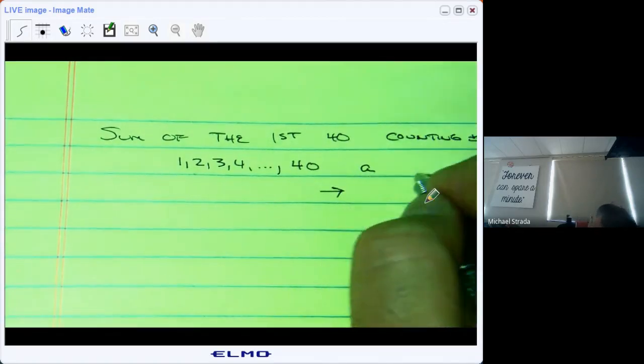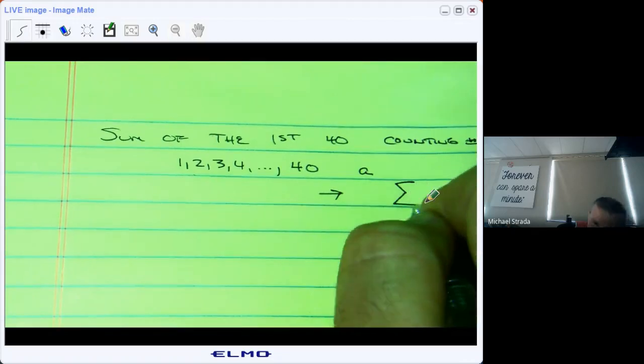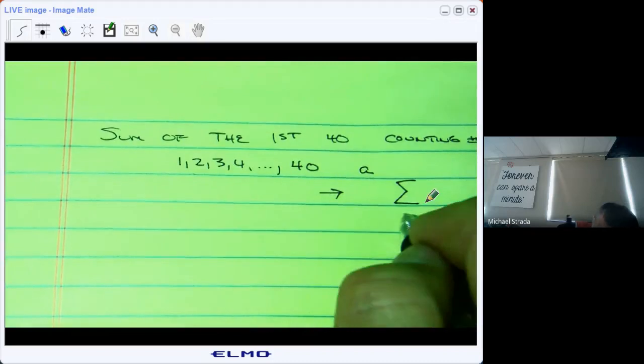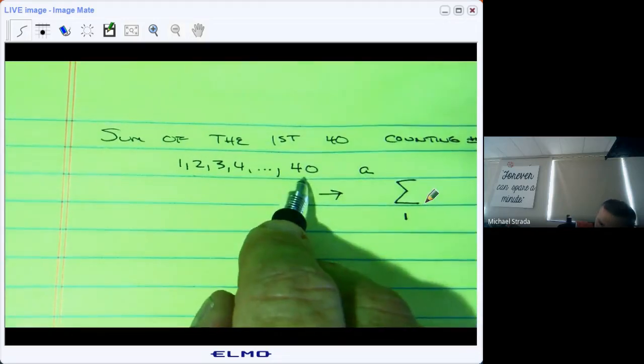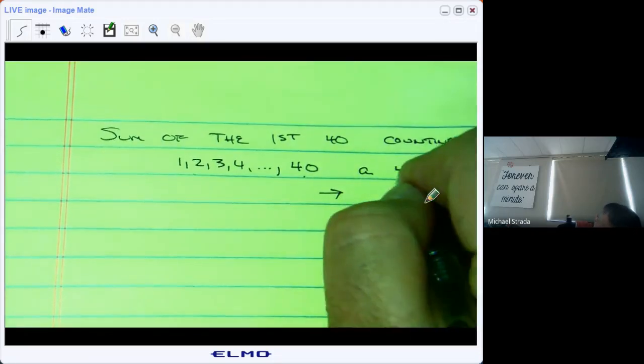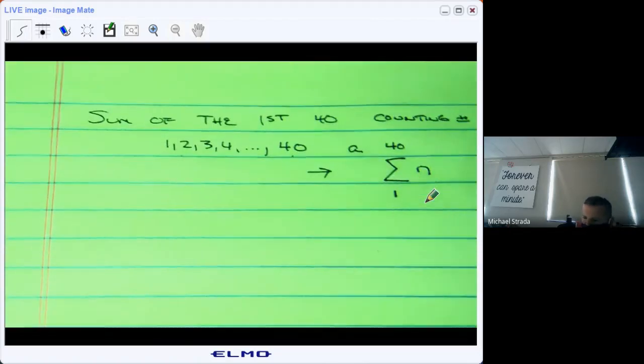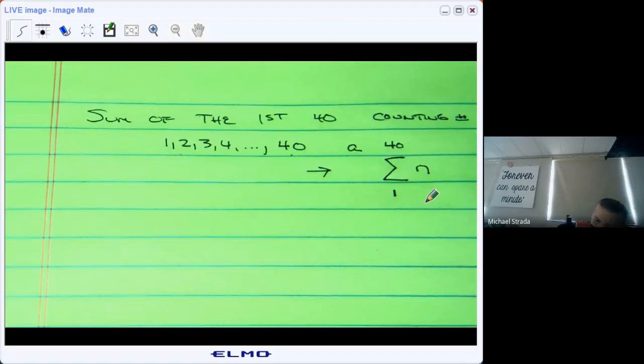Choice A is using sigma notation. What's my first number? 1. What's my last number? 40. And then n, nothing else. And you can plug it into your calculator.